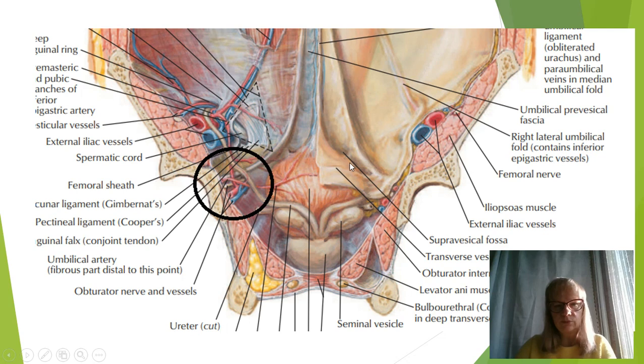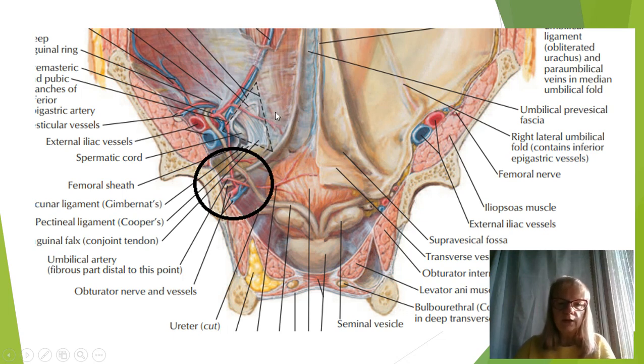Maybe a little topography about the anterior abdominal wall. We have five folds on the anterior abdominal wall. We have the median umbilical fold, two medial, and two lateral. Then between the median and medial umbilical folds is located the supravesical fossa above the urinary bladder, and between the medial and lateral folds, the lateral umbilical fold includes the inferior epigastric artery and vein.